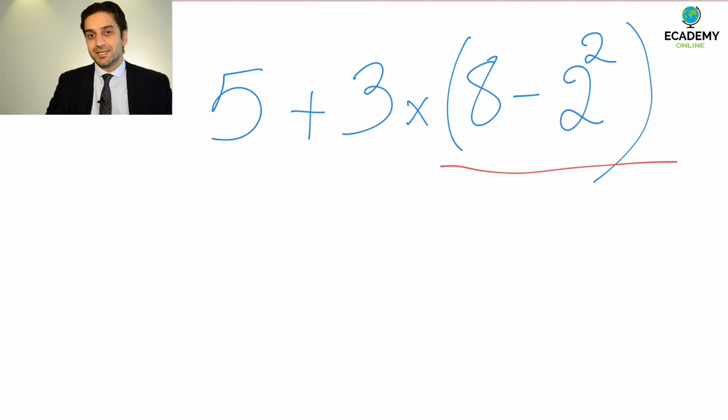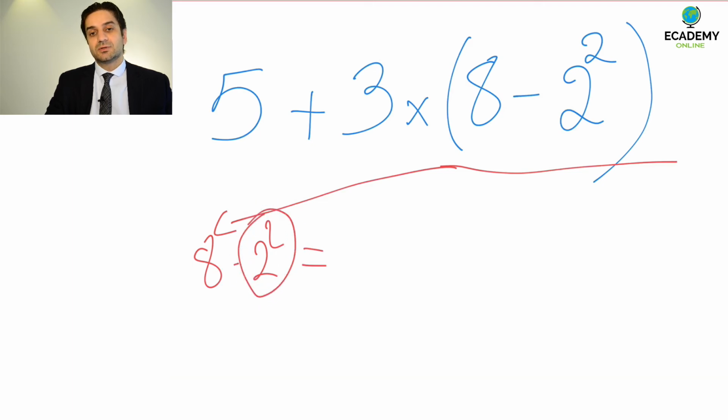I look at what's inside the bracket. I do 8 minus 2 squared. Of course, that means that I'll have to do the squared first because it's an index. So this will be 8 minus 2 times 2, which is 4, which is equal to 4.